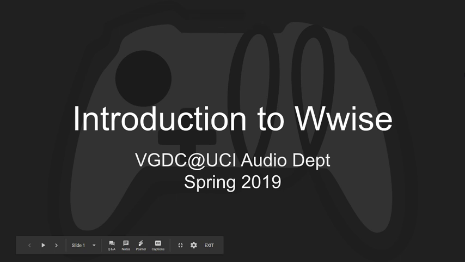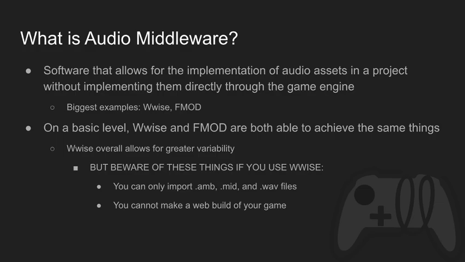So this is the Introduction to Wwise workshop, and before we actually get into how to use Wwise, I want to talk a little bit about audio middleware in general. It's software that allows you to implement your sounds through a different program instead of directly through your game engine. So instead of taking all your audio assets and throwing them directly into Unity and managing them there, you put your audio assets into a project for whatever middleware you're using.